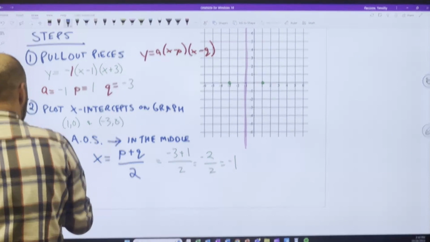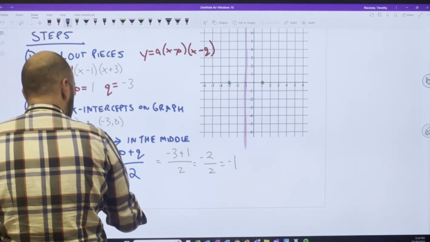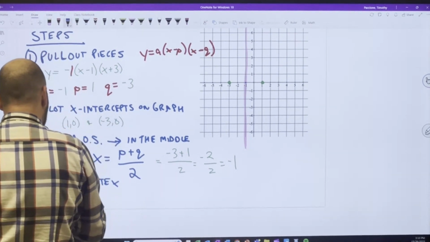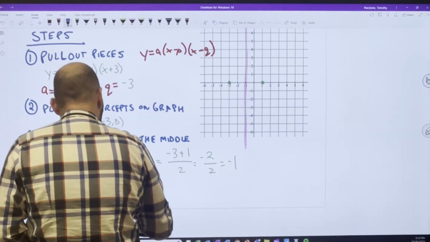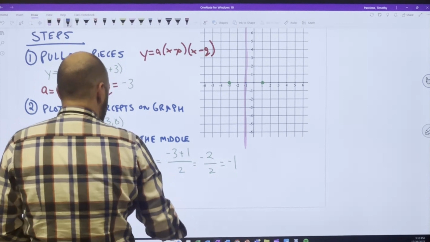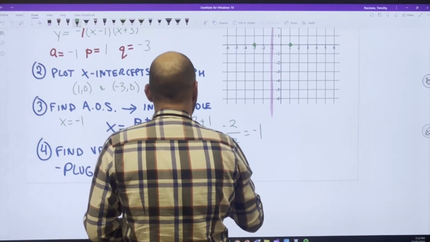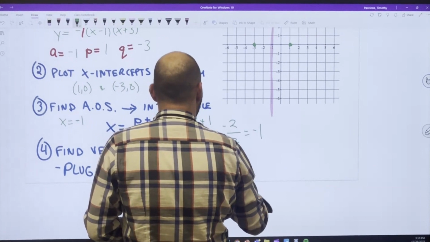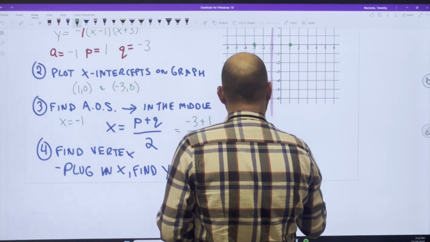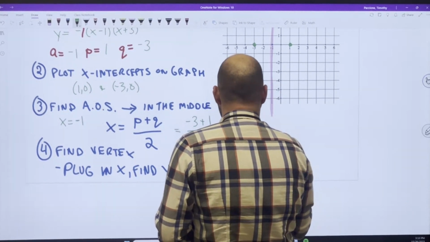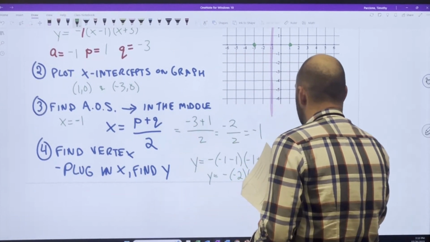Almost last thing is we find the vertex. And once again, we have to plug in our x to find our y. So for our equation, that's y equals negative 1 minus 1 and negative 1 plus 3, which is negative 2 times 2, which is 4.